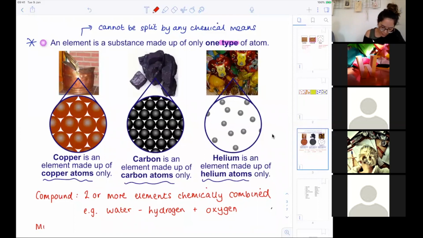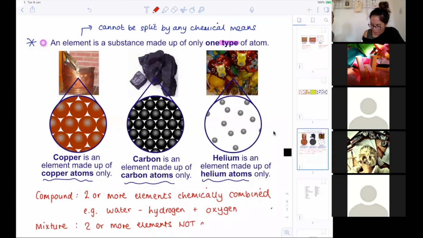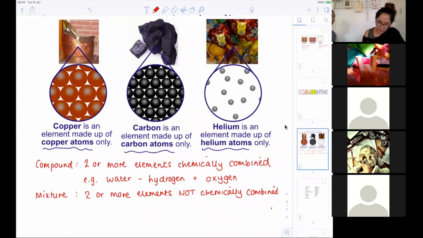If we were to take a mixture now, again, we're going to say that it's two or more elements. But crucially this time, they are not chemically combined. And so let's take air as an example of a mixture. Why is it a mixture? Well, it contains two or more elements.